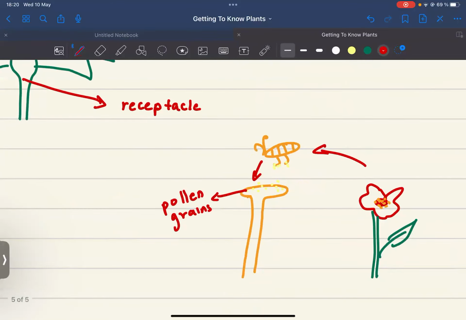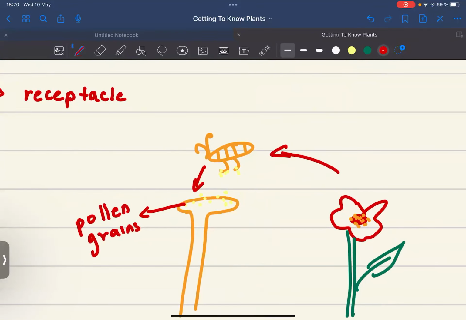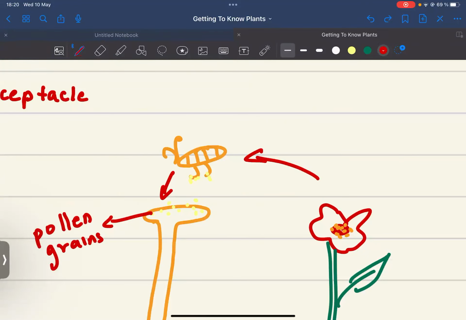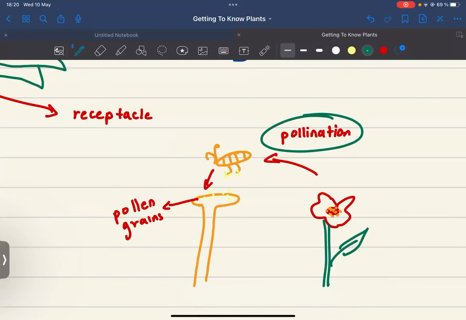Pollen grains transferred from one plant to another plant with the help of insects is known as pollination. Okay, I'm saying the statement again. Listen carefully. The transportation of pollen grains from one plant to another with the help of bees and insects is known as pollination.